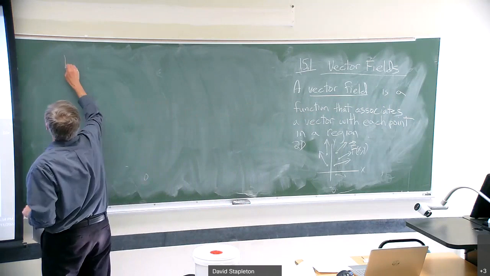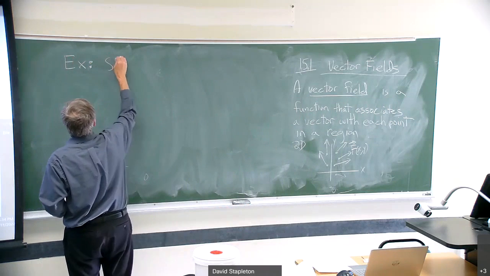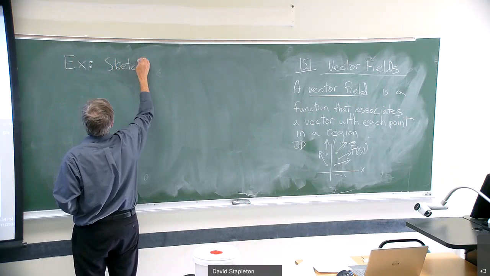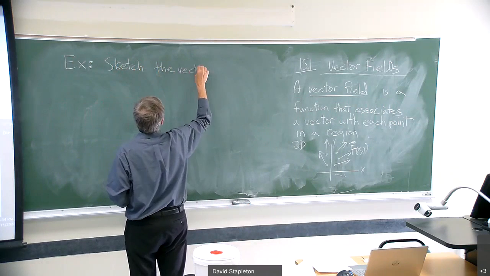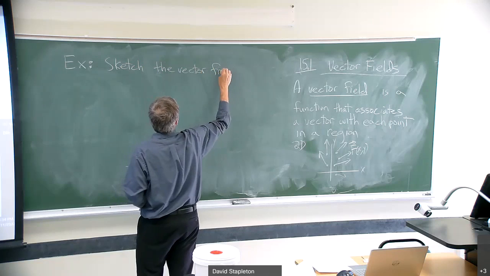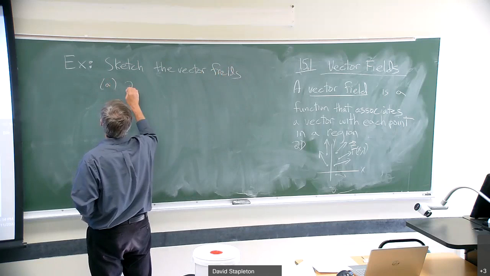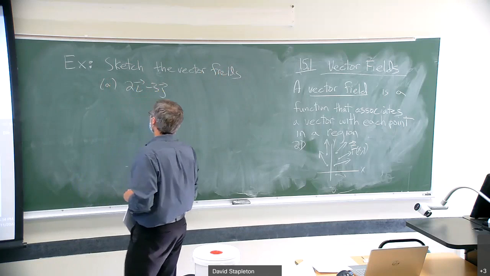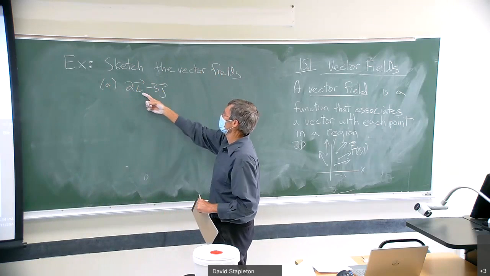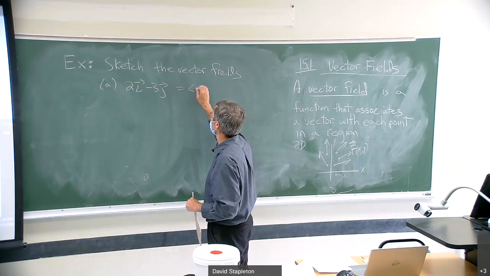Here's a simple example then. Suppose I wanted to sketch typical elements of vector fields in the plane. Easier to draw there than in 3 space. Take F equals 2i minus 3j. Remember, i is the unit vector in the x direction, j is the unit vector in the y direction.